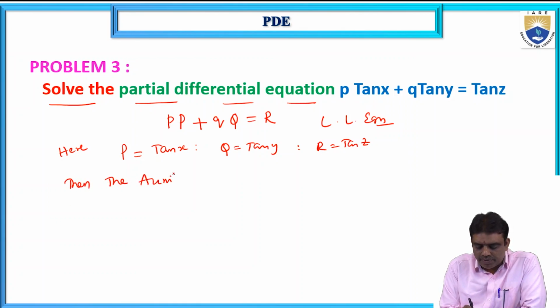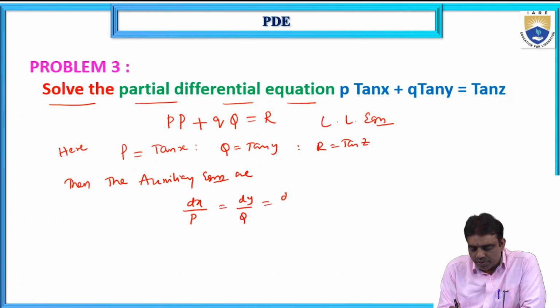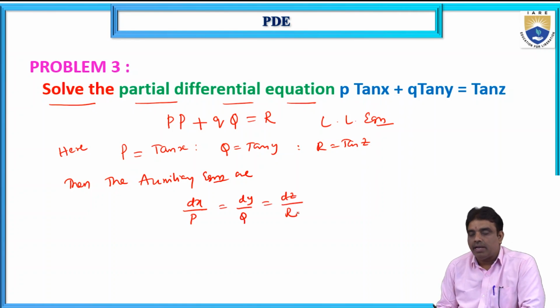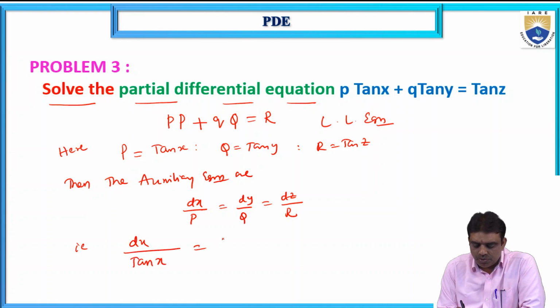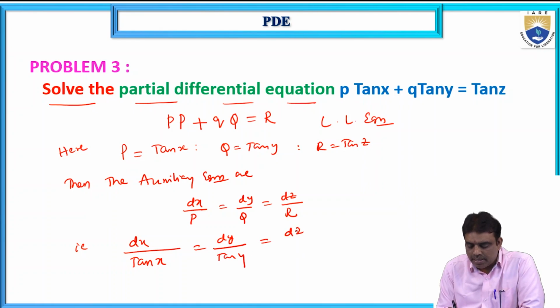Then the auxiliary equations are dx by P is equal to dy by Q is equal to dz by R. That is dx by tan x is equal to dy by tan y is equal to dz by tan z.